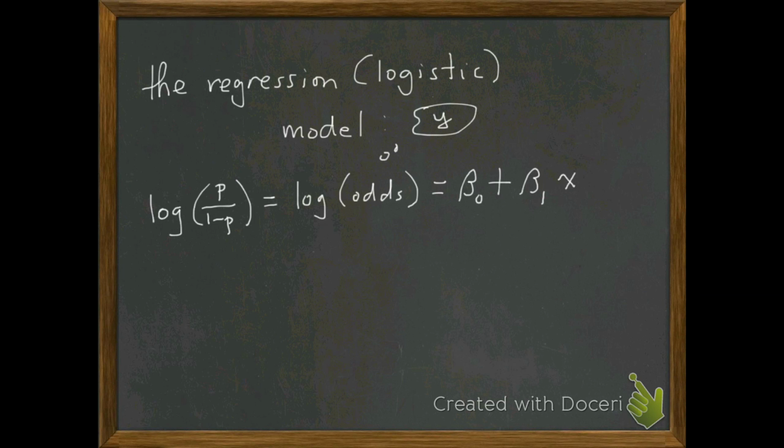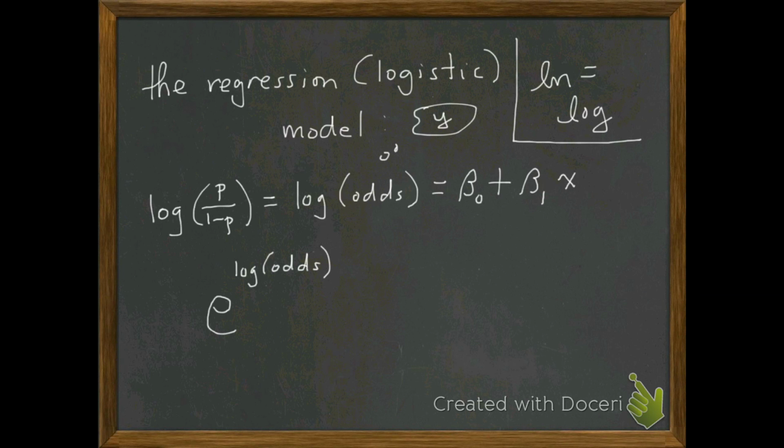Something that will be interesting to us if we take e to the log. And guys, in all cases, Chris Treen, I bet this is driving you absolutely crazy. Remember, once you get into big boy, big girl statistics, when I use the symbol log, I am indicating natural log. So if we exponentiate, we can see that e to the power log odds is e to beta 0 plus beta 1x.